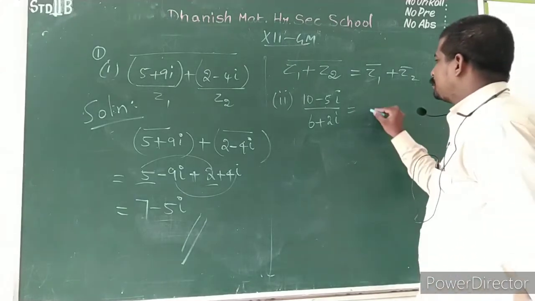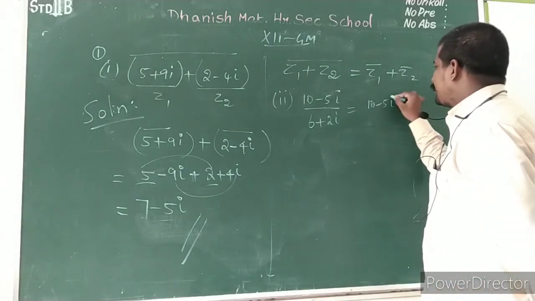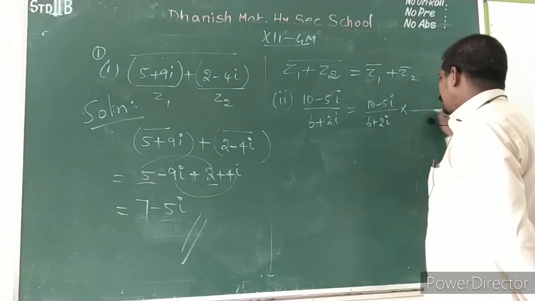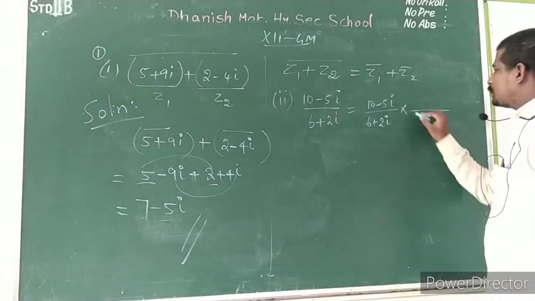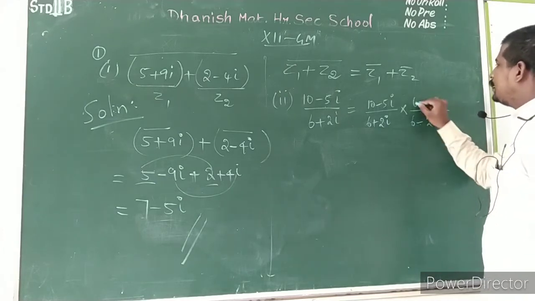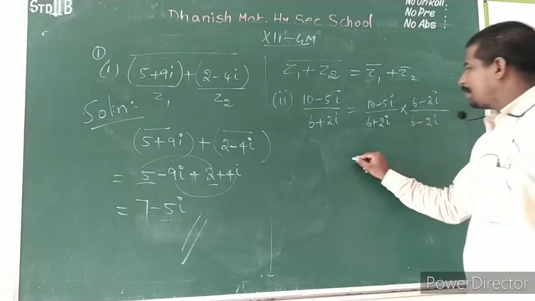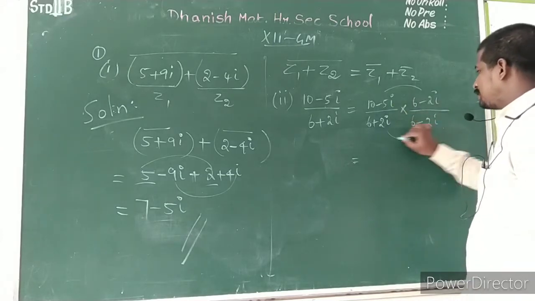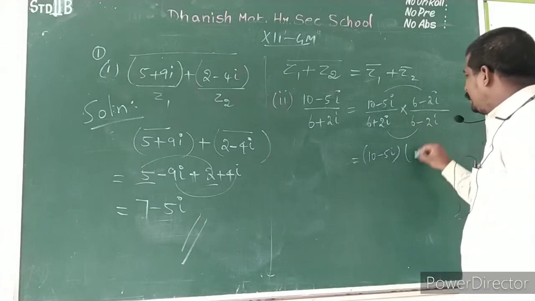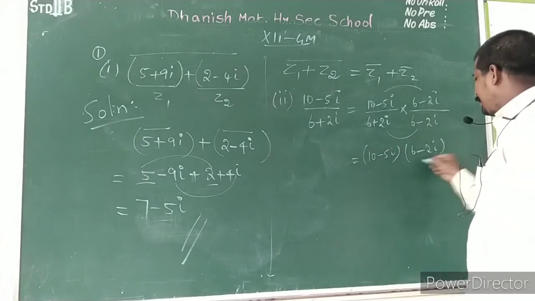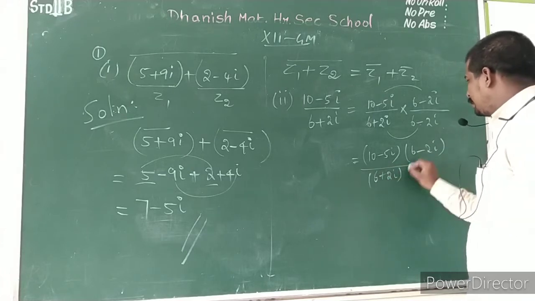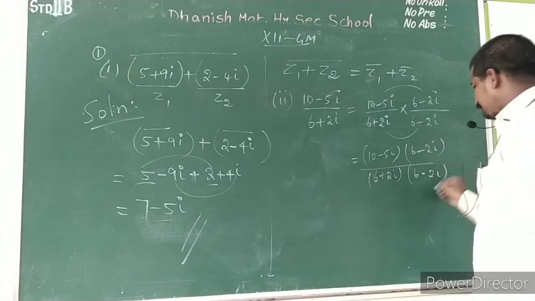So this is equal to (10 minus 5i) divided by (6 plus 2i) into the conjugate of this, (6 minus 2i) into (6 minus 2i). Now I am going to multiply these two, numerator as well as denominator. So (10 minus 5i) into (6 minus 2i) divided by (6 plus 2i) into (6 minus 2i).